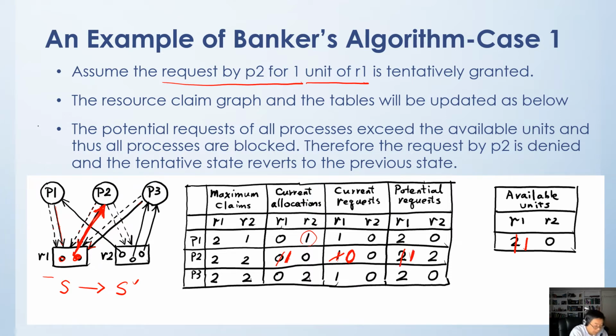Okay, so that's the potential requests. Now what we can do, using Banker's algorithm, is check each process.